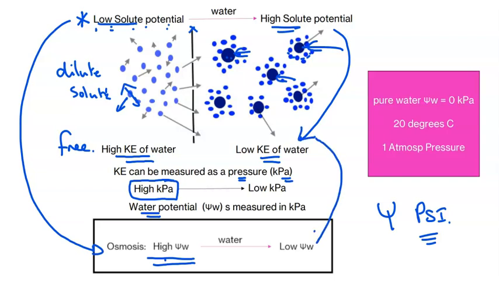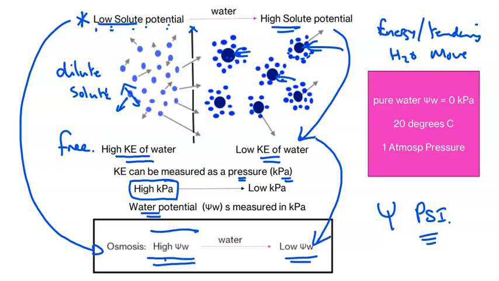So we think of the potential as the energy or the tendency of the water molecules to move. And so where there's a high water potential, they will move to a place where there's a low water potential.